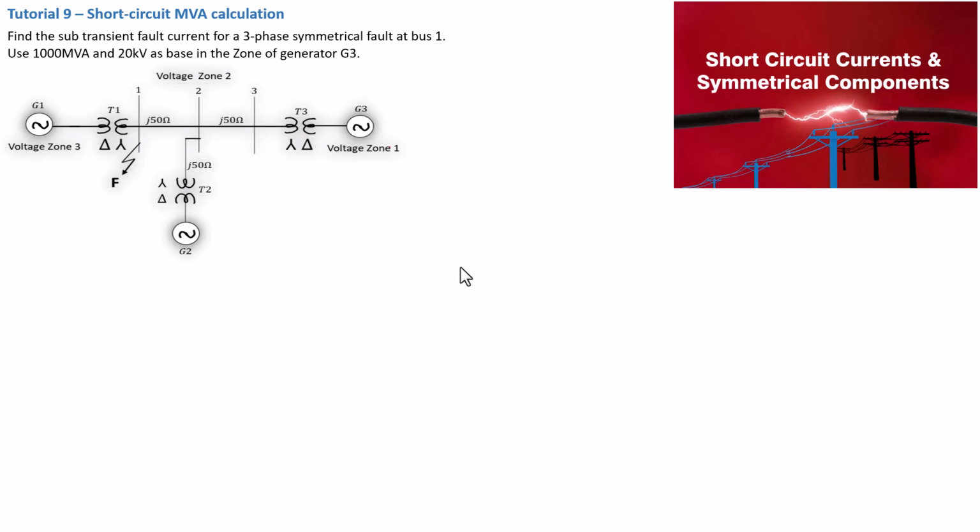Now our network equipment have the following ratings: generator 1, 500 MVA rated and 13.8 kilovolt; generator 2, 750 MVA, 13.8 kilovolt with an all per unit of 0.18 j per unit; generator 3 with a 1000 MVA and 20 kilovolt rating with an all per unit of 0.17 j per unit.